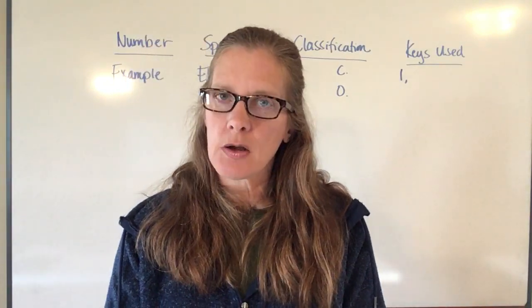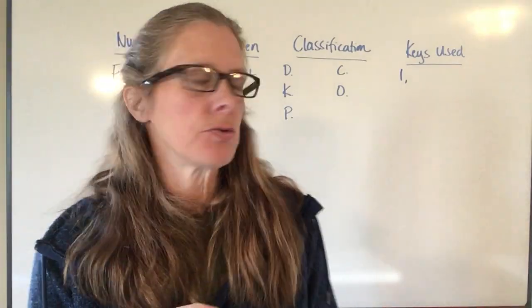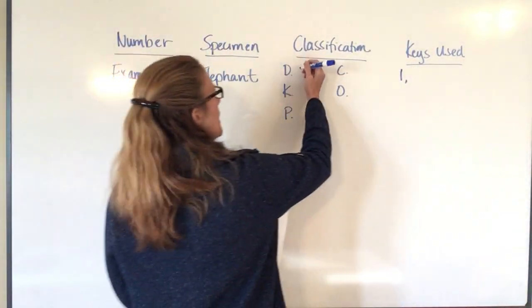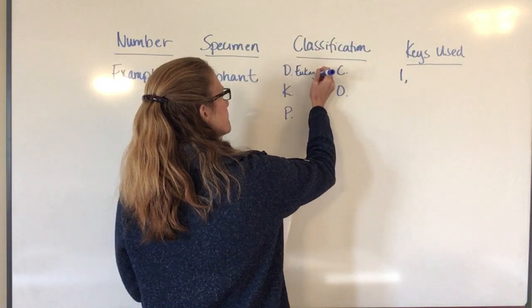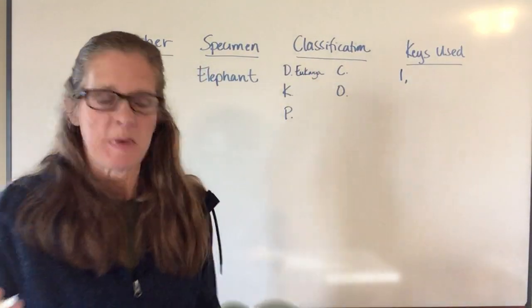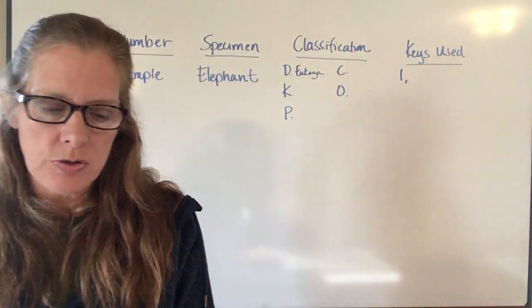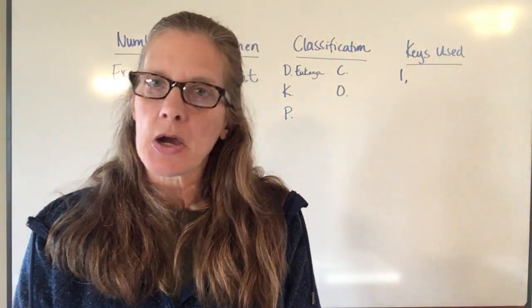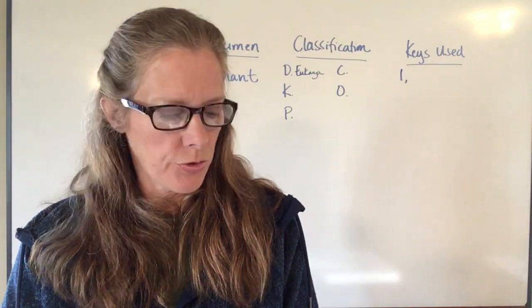You can see there in the red ink that they tell us that a macroscopic creature is going to be in domain Eukarya. So I can go ahead and fill that in over here because that's the first piece that I already know. Then as you slide your way across the table, you can see that anything that is macroscopic and in domain Eukarya is going to direct us to go to key number 3.